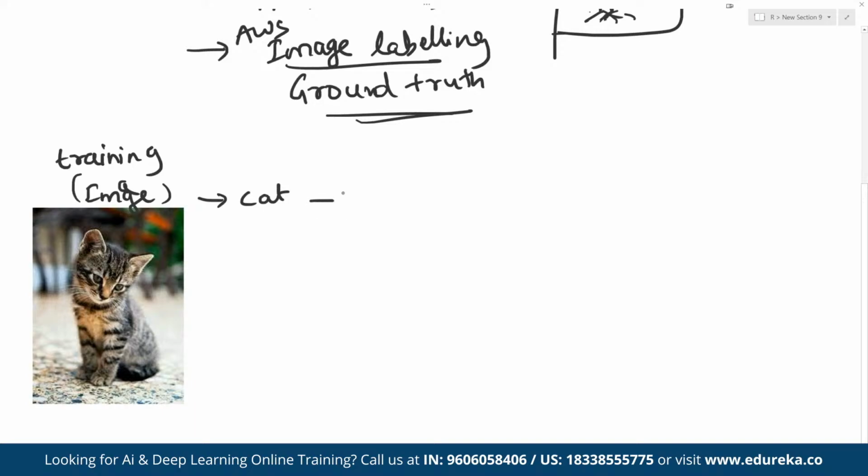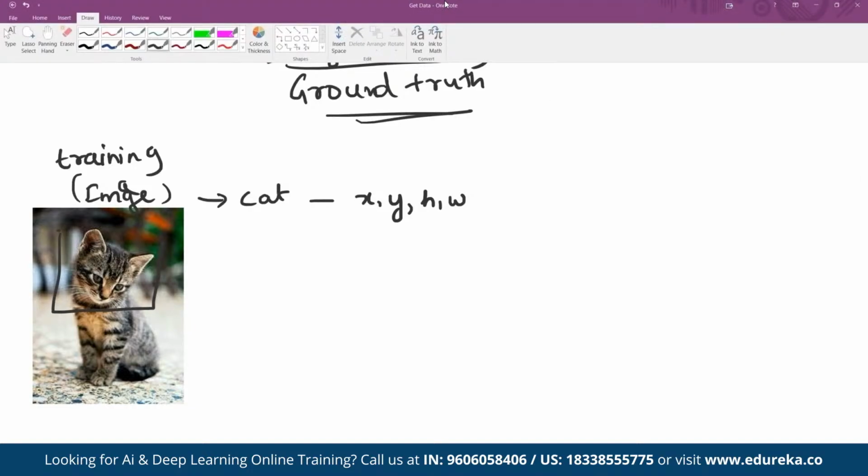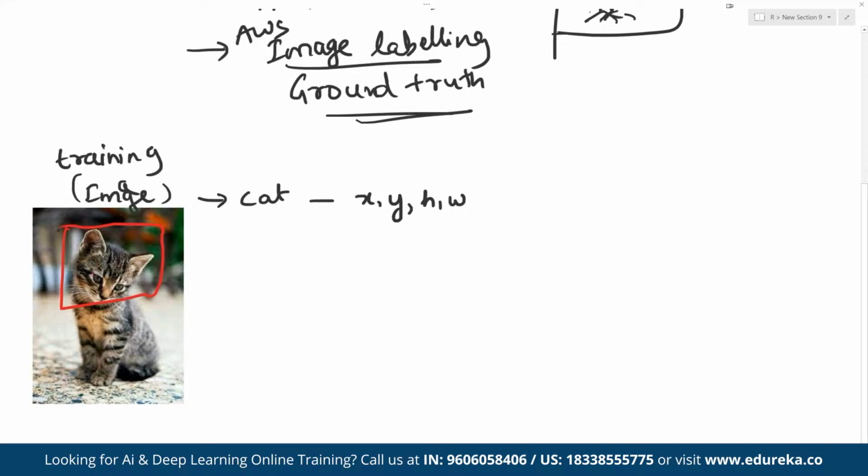And I also have to have the bounding box coordinates, which say where exactly the cat is present. An example can be x comma y comma h comma w. Suppose I draw a bounding box: x comma y represents the corner, and I should have the width and the height.